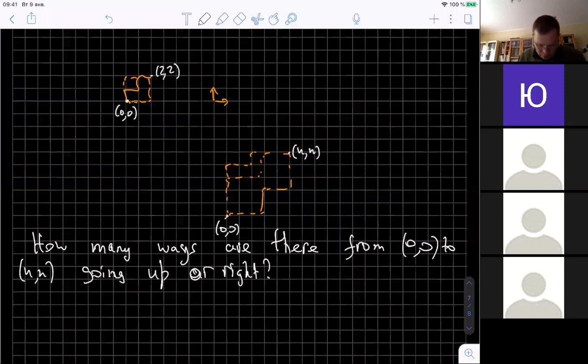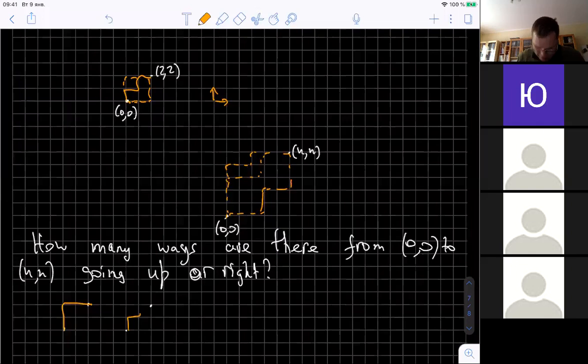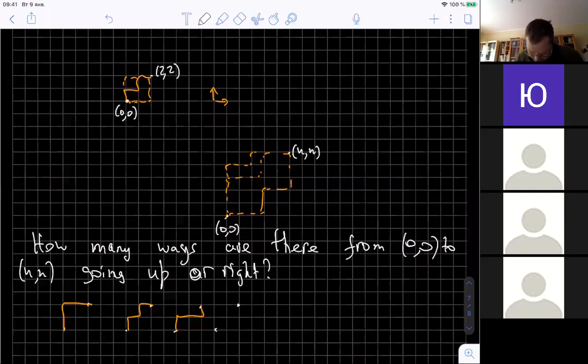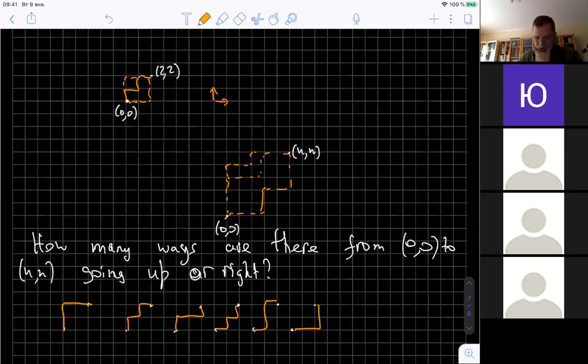So for example, I can write all of them, I think. This one, this one, this one, this one, this one, and this one. I think the total number of ways from 0, 0 to 2, 2 will be 6.